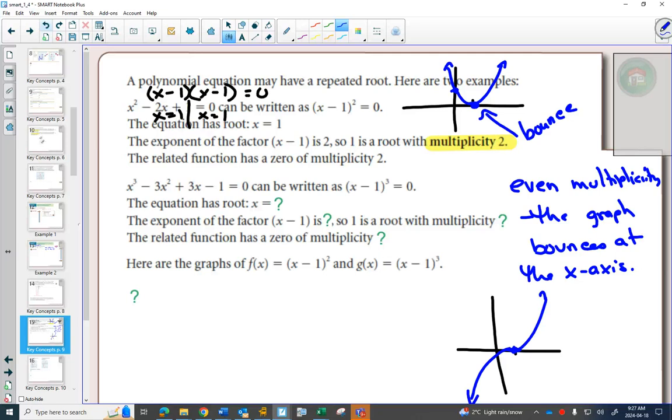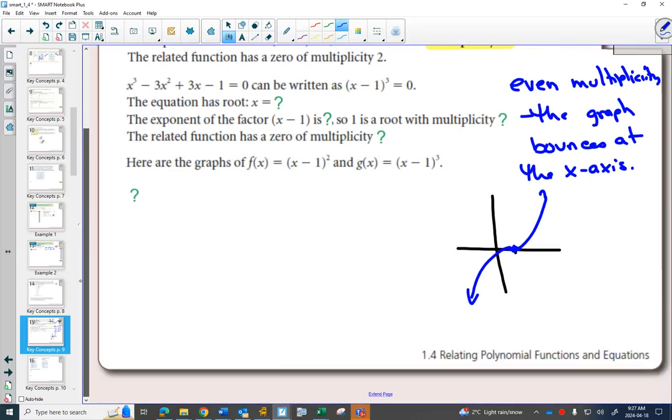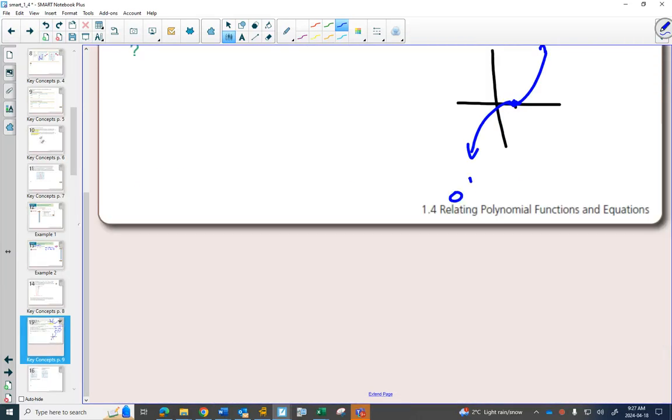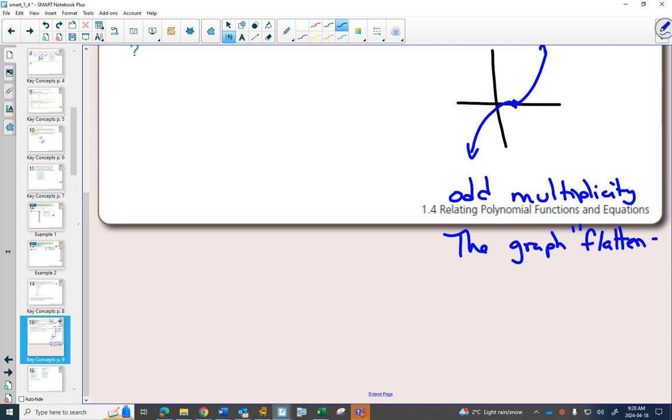Okay, so we'll also add a note for our x cubed graph that when we have odd multiplicity, again, here are our descriptive words.